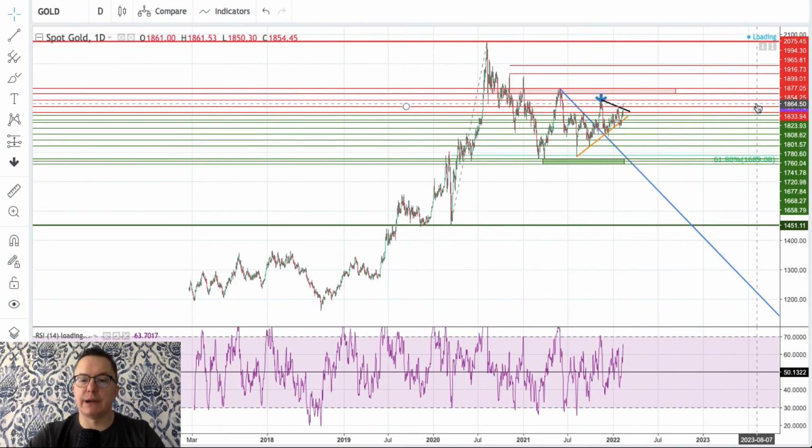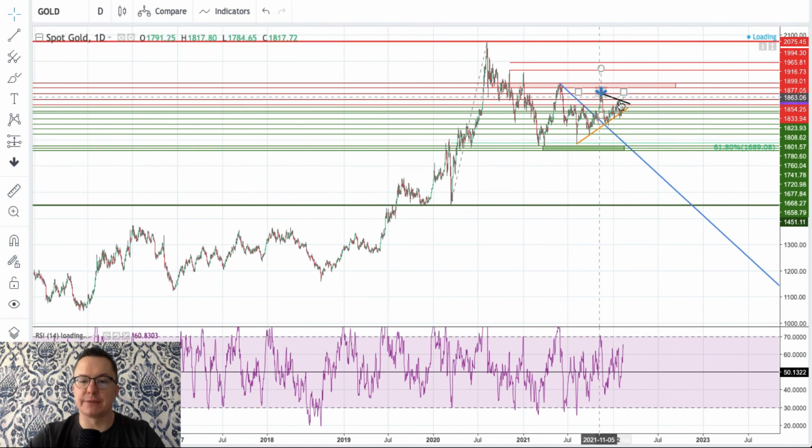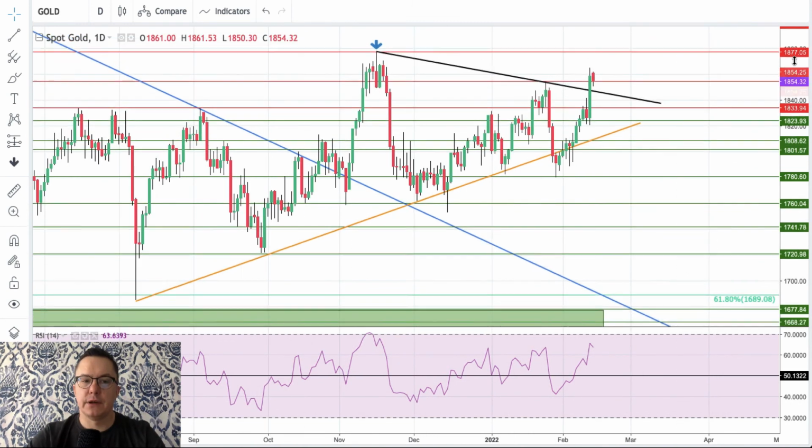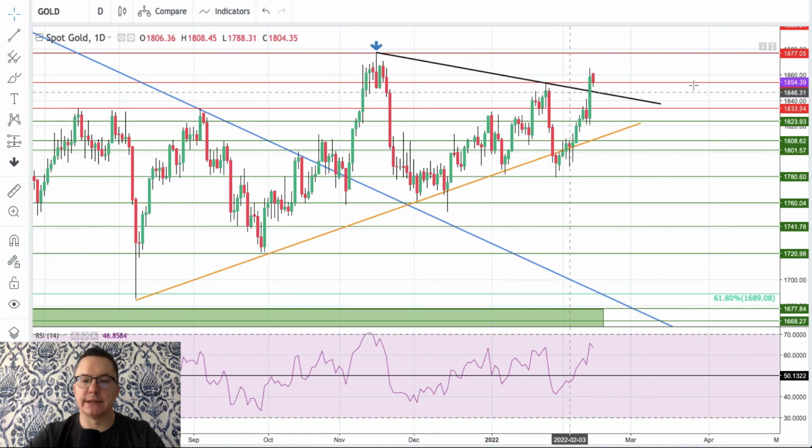The spot gold market, as you can see, is breaking to the upside above this pattern I have put for you here on the chart. Very bullish signal. This black line is the short-term trend line made from the middle of November last year.